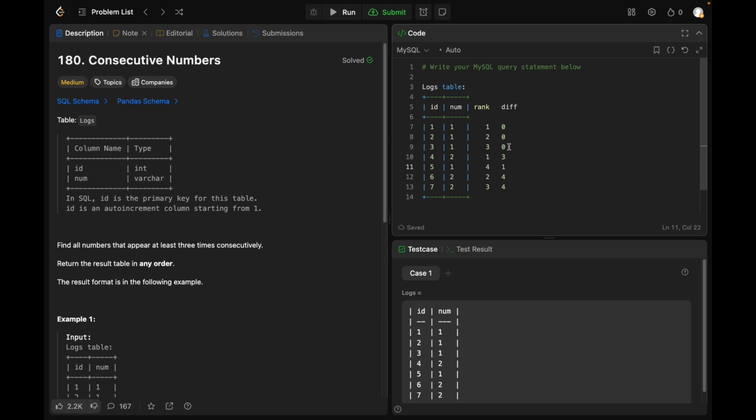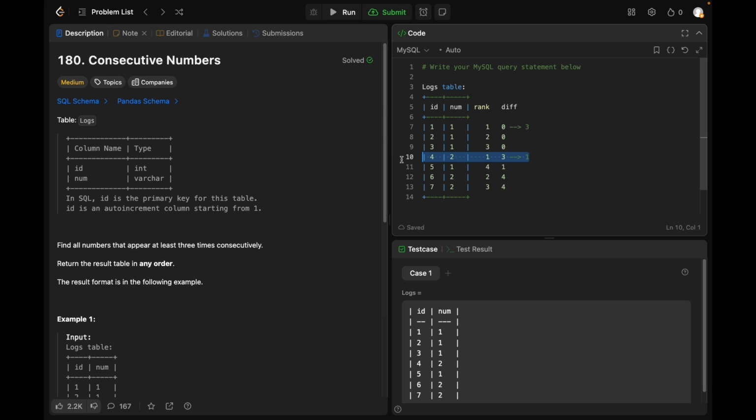So how would this help? Well, if we get a count of all of this, essentially the diff column here, and group it by the number and the difference to capture a count, you would get 3 for the number 1, because you have three zeros here. If you looked at just the 3 over here, you would get 1.